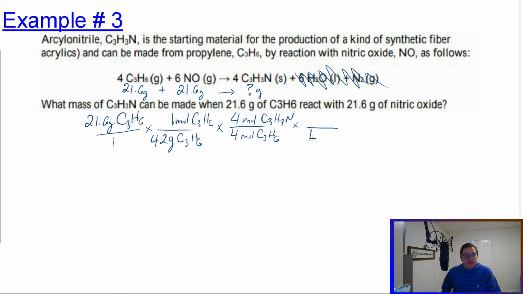And then last thing is we're going to go from moles of acrylonitrile, so C3H3N, to grams. So it's going to be 36, it's 10 o'clock at night, so let's make sure we're doing our math. 36 plus 3 plus 14, 53.